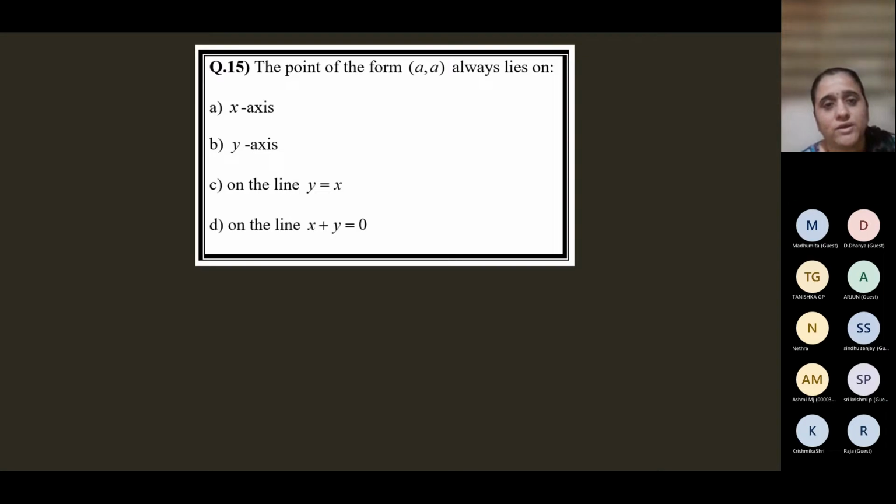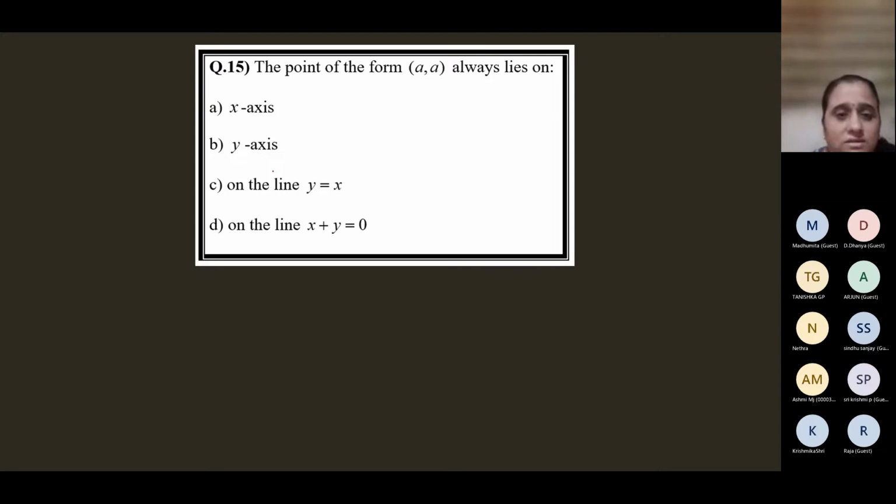The point of the form (a, a) always lies on... C, ma'am.